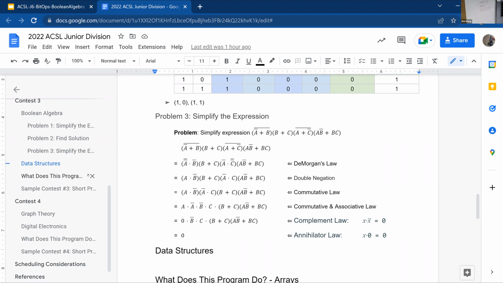This is how you simplify these things. You have to break apart these components first, and then use other laws to combine them or annihilate them, so some components can be dropped, and that simplifies the whole thing.